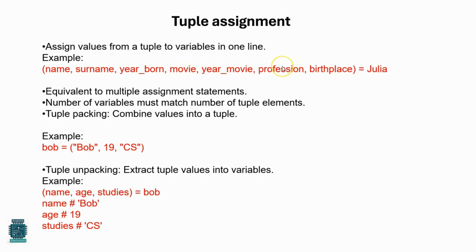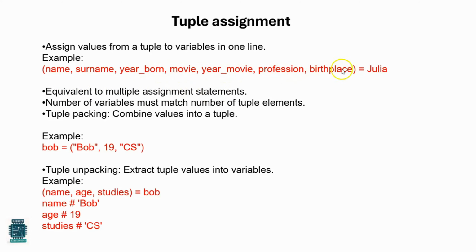These are all the values that I have, and I have assigned these values to the tuple variable. Very clear. In a single line I have assigned. Got it? This is equivalent to multiple assignment statements.